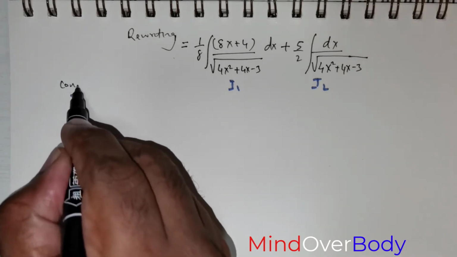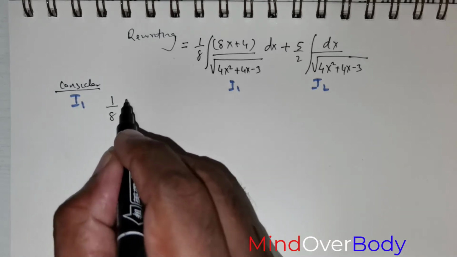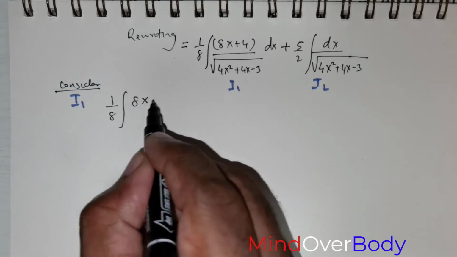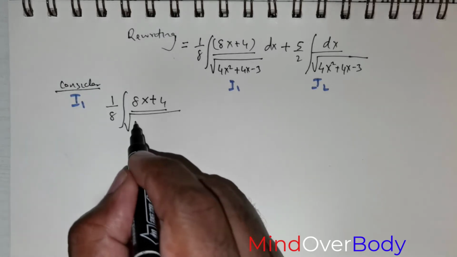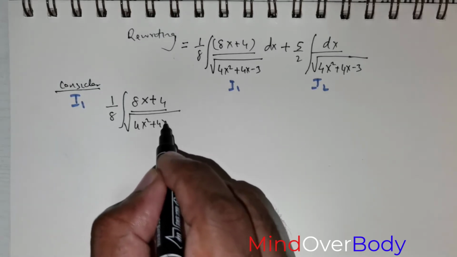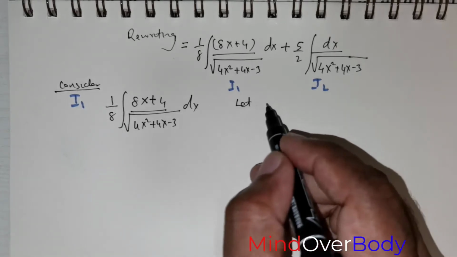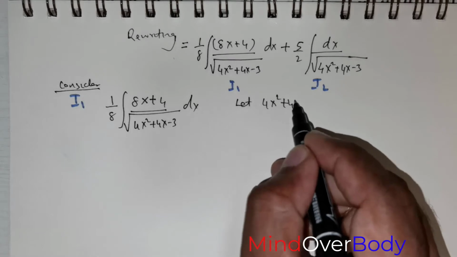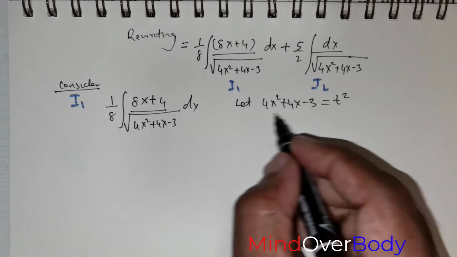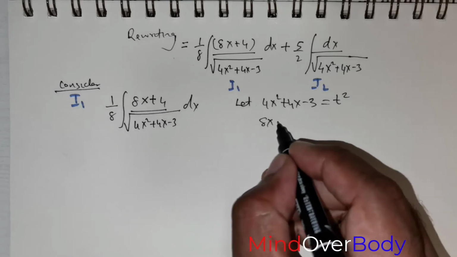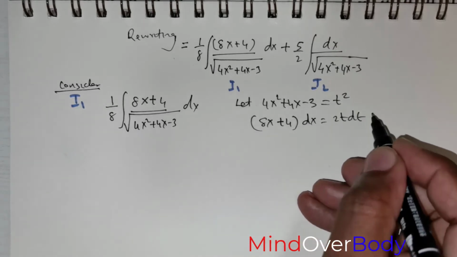So let us consider I1, which is 1 over 8 integral of 8x plus 4 over root of 4 times x squared plus 4x minus 3 with the dx there. I will start with the substitution of 4x squared plus 4x minus 3 to be equal to t squared. Differentiating both sides we get 8x plus 4 times dx is equal to 2t dt.